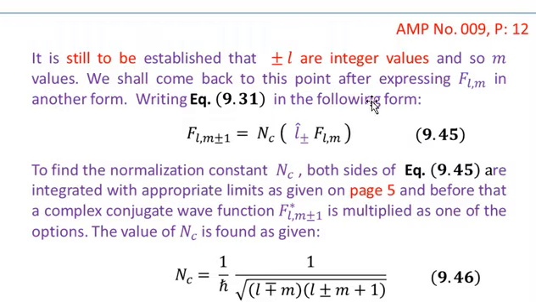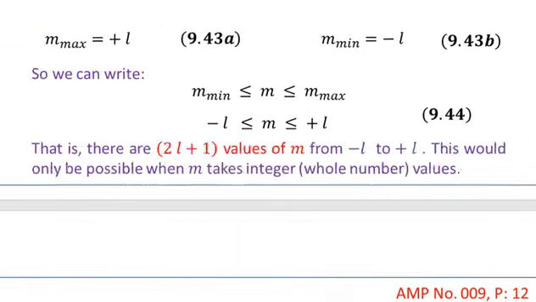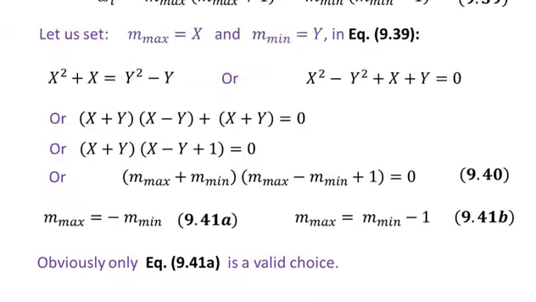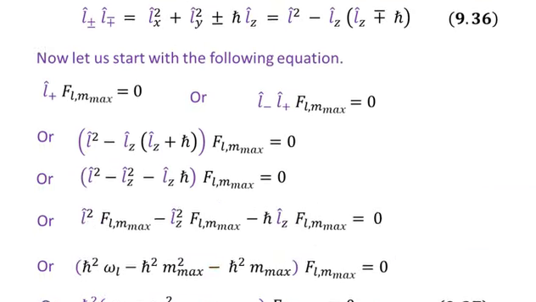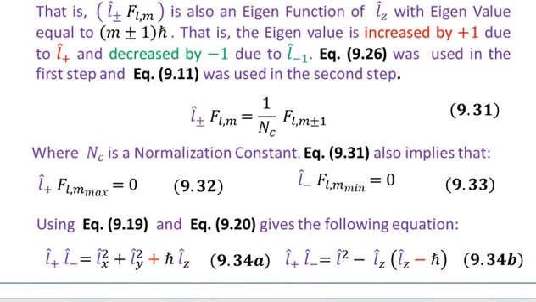We shall come back to this point after expressing the azimuthal wave function FLM in another form, writing equation 9.31 in the following form. Let me show you equation number 9.31 first. You see that this is equation 9.31.